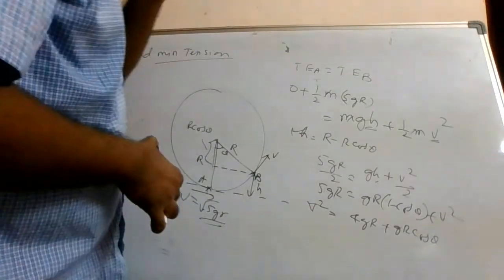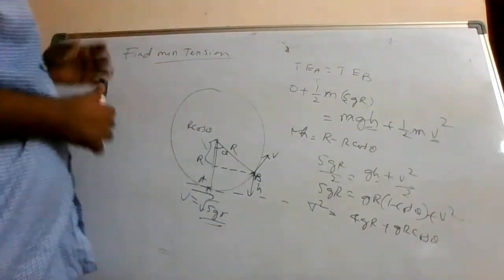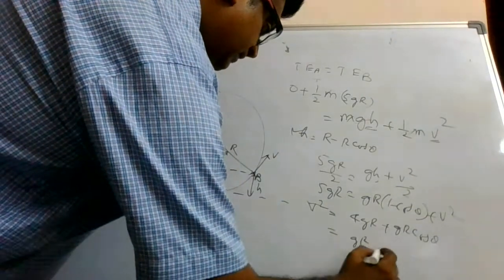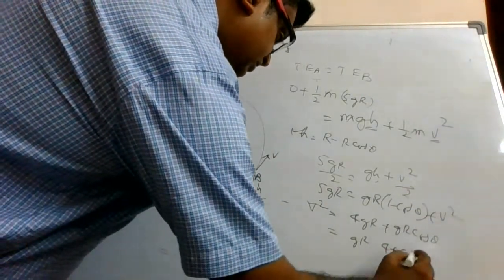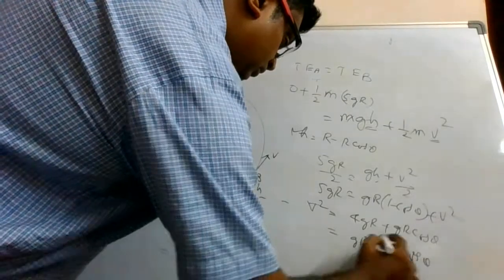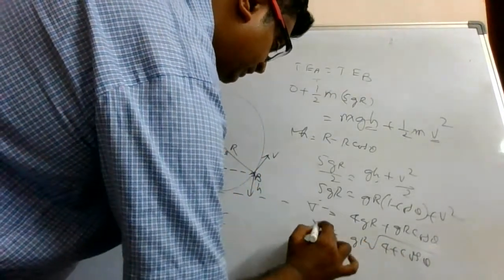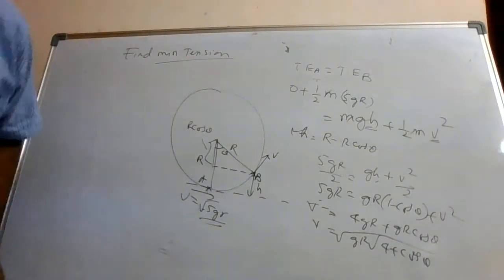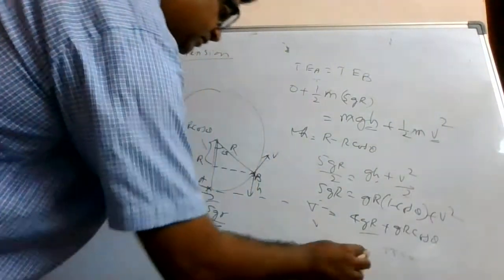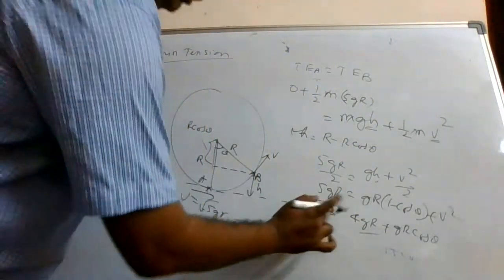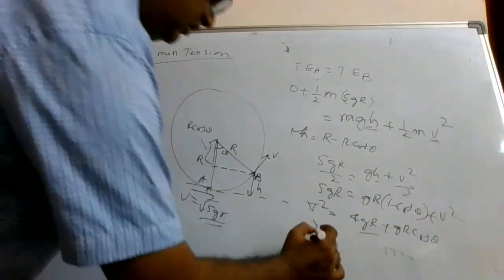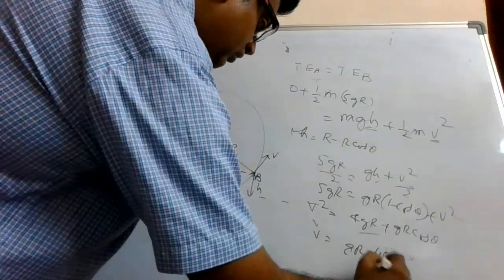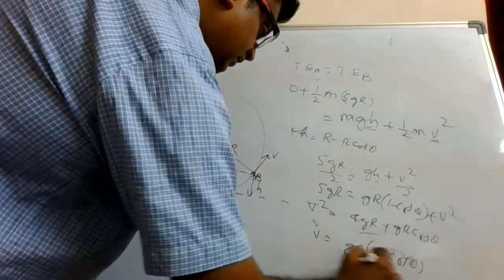Alright, fine. So this becomes how much? If you take gr common, it is 4 plus cos theta. If you take v value, it is root over this whole value. Let me write the value here. So this is what you got. Now v square is equal to this much. So what is the value of v? So gr, you bring it out, and you are getting root over gr(4 plus cos theta).